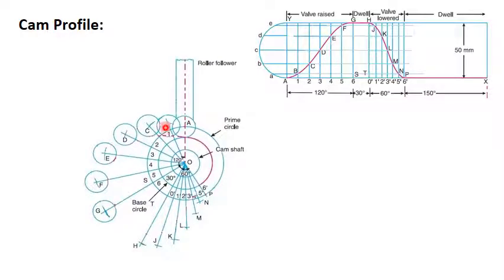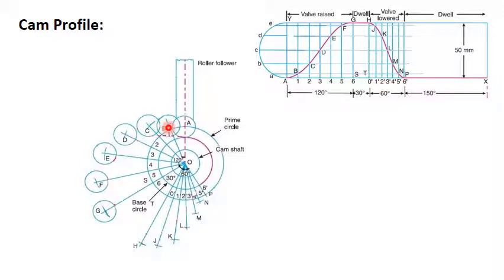Now what we have to do is, as the roller diameter is 20 mm, having these points, that is point B, I have marked B, C, D, E, having B as center and radius as 10 mm, I have to draw this circle. So this circle is drawn, roller circle, having diameter of 20 mm and having point B as center.